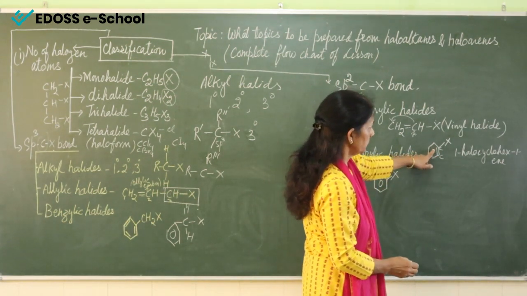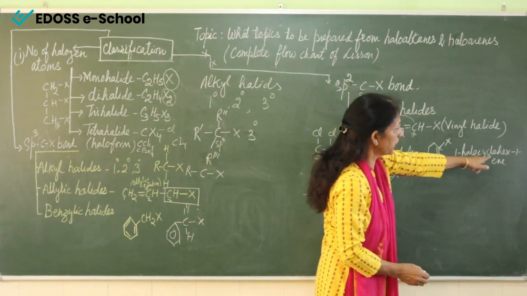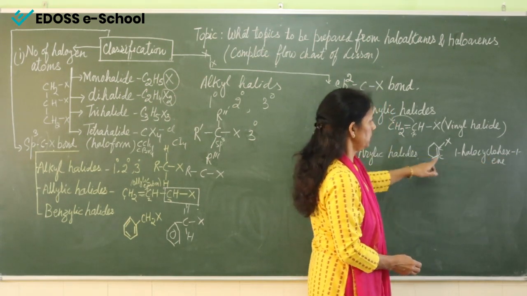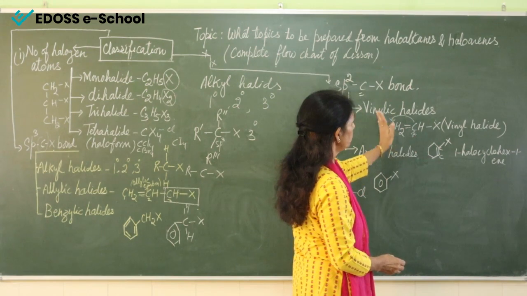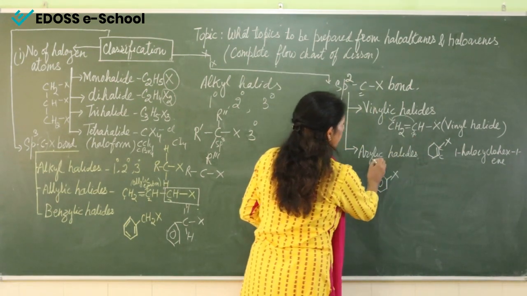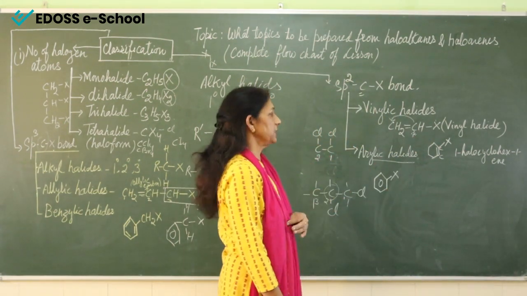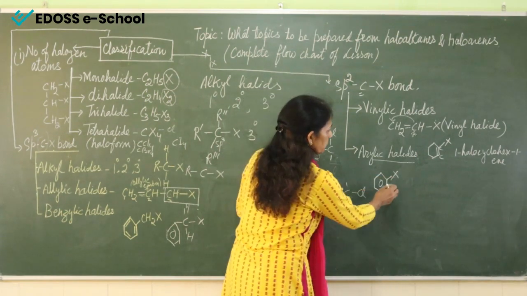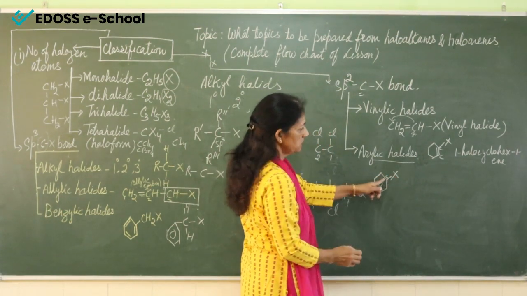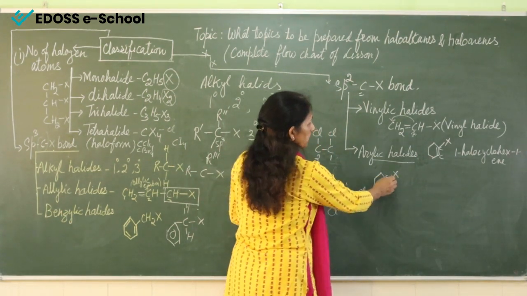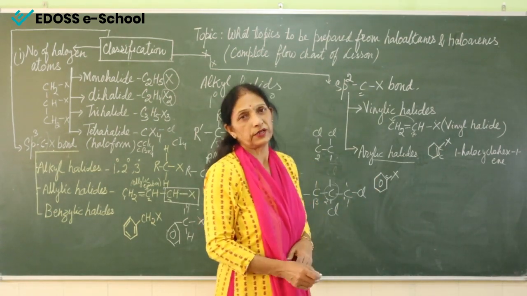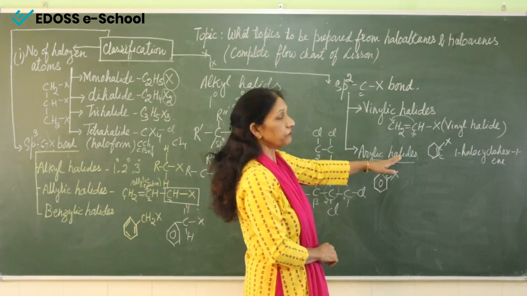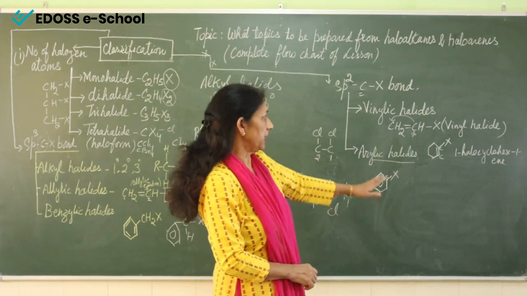So this is the example of 1-halocyclohex-1-ene. These two are examples of vinylic halide. Now coming to arylic halides. Arylic halides mean when this is the C-X bond, and this carbon is directly attached to the benzene ring. Such type of halides are known as arylic halides.